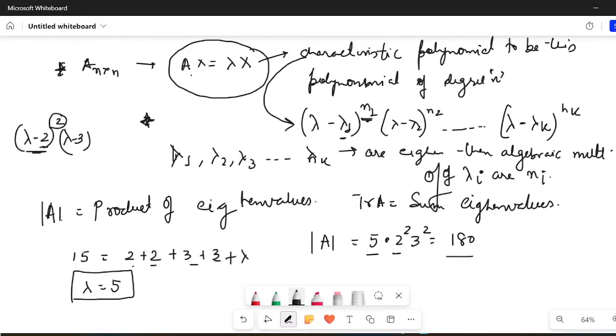Now I'm moving to another question. This was easy, I think. Let us do a few more questions in this section only, and then you will be able to understand what I want to convey.